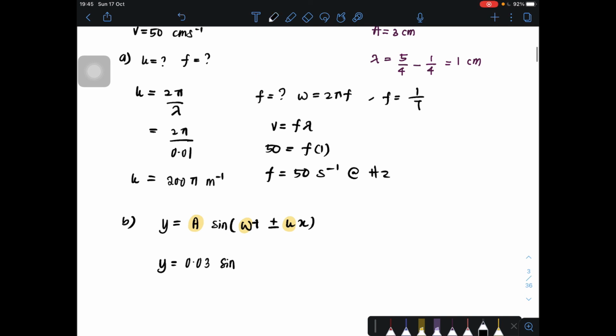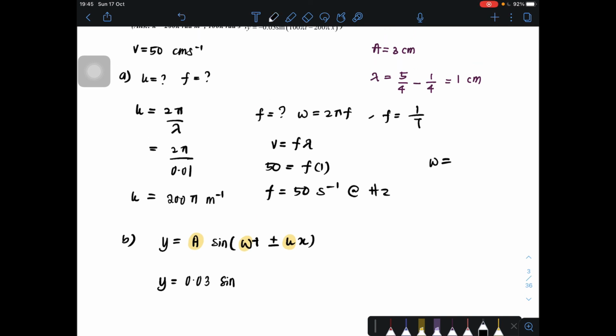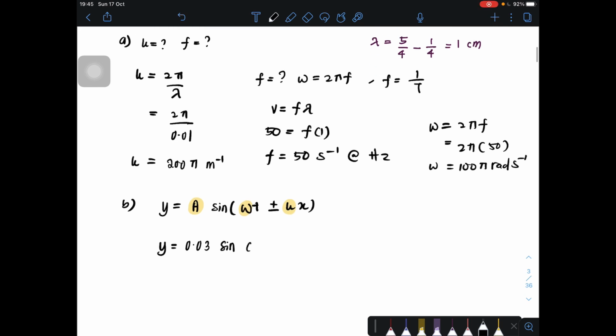We need to find the omega first. So omega is 2 pi f. It will be equal to 2 pi times 50 Hz. So it's 100 pi radian per second. So omega is 100 pi t, and it is negative, and then k, 200 pi x. So this will be the equation for the graph given.